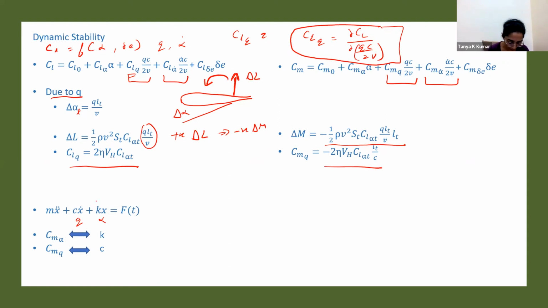CM alpha into alpha is what this term represents. And this term is dynamic. So you have CMQ into Q. X dot is similar to Q. X is similar to alpha. CMQ is similar to C, that is, CMQ is analogous to damping. CM alpha is analogous to stiffness.